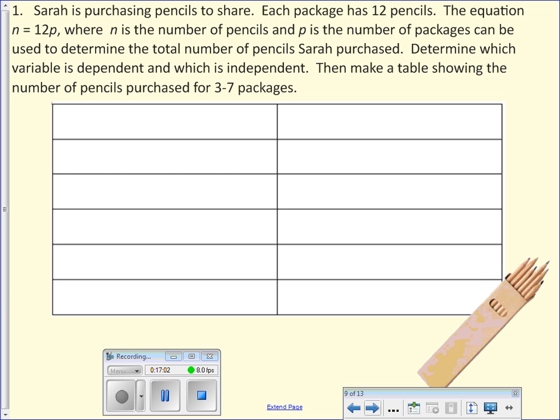So let's see, what are the two quantities that we have? We have the number of packages. Good. The number of packages, which they told us up here is P. And what's the other thing?